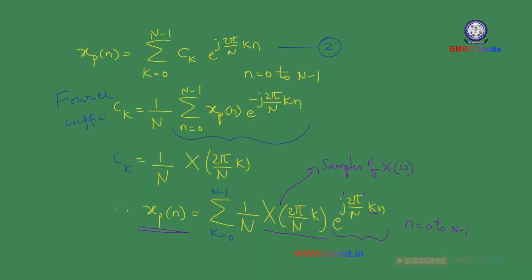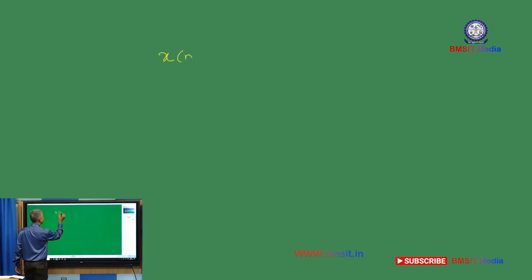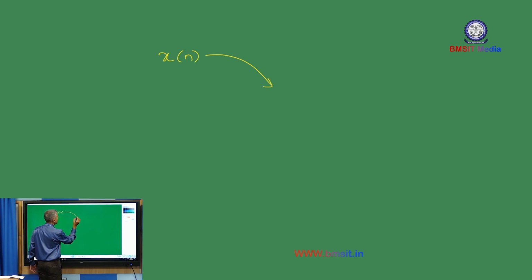Okay, so let's summarize this whole understanding in the form of a diagram highlighting the salient things. So we have x of n, and from this you have obtained X of omega using Fourier transform.